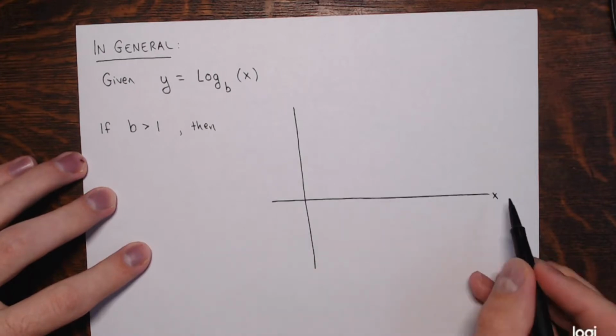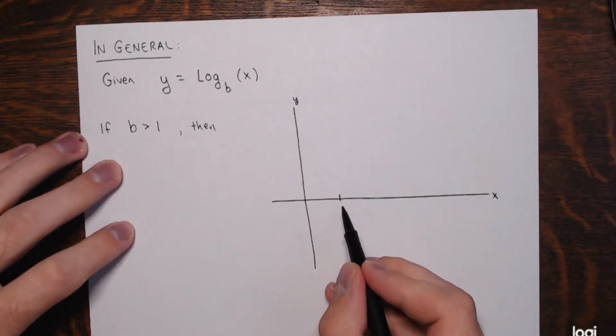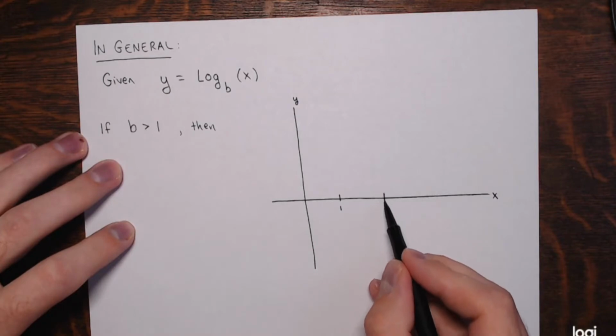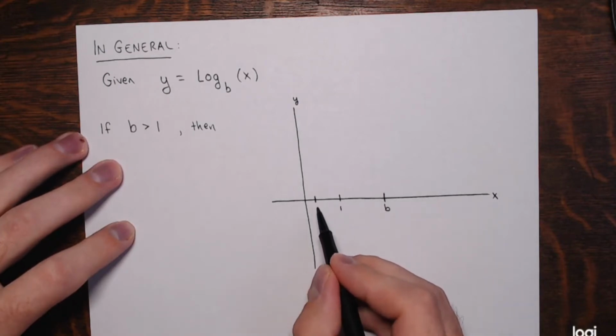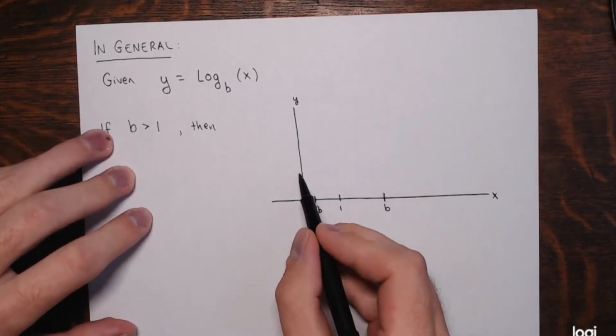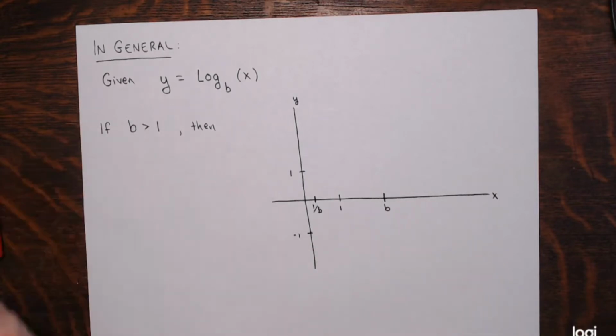And it'll look very similar to what we've been seeing. Say here's 1 for x, and then b is bigger than 1, so let's say b is out here, and then 1 over b would be less than 1. There's an input of 1 over b, and output 1 when you plug in b, output -1 when you plug in 1 over b.